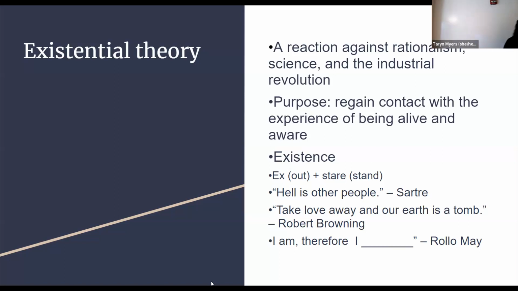It argued that all those things were making people into numbers, and that people were sort of losing track of their existence. And the purpose of existentialism is to regain contact with the experience of being alive and aware. It comes from the root words ex, meaning out, and stare, meaning stand, so standing out in the crowd.